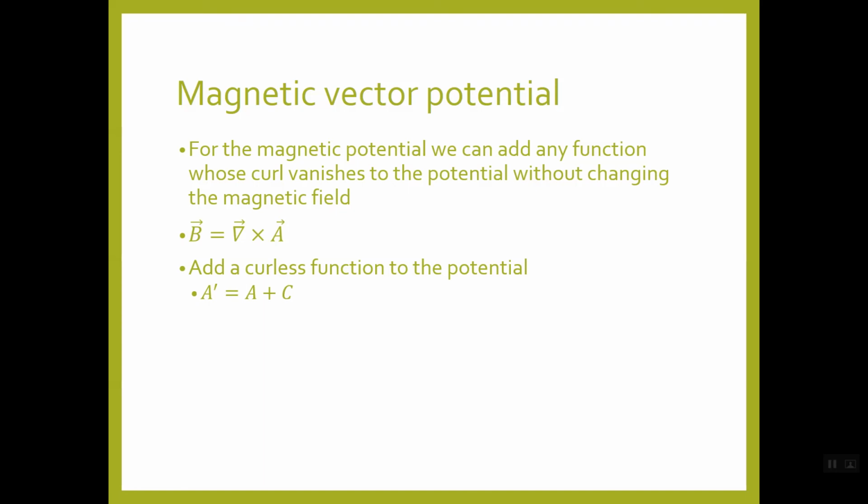A prime is equal to A plus C. B prime would then be equal to the curl of A plus C. So B prime is equal to the curl of A, because C is a curlless function. So we find B prime is equal to B. So we can add a curlless function to our magnetic vector potential without changing the magnetic field.